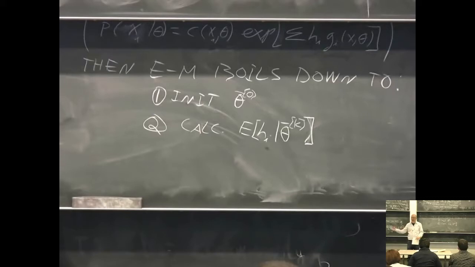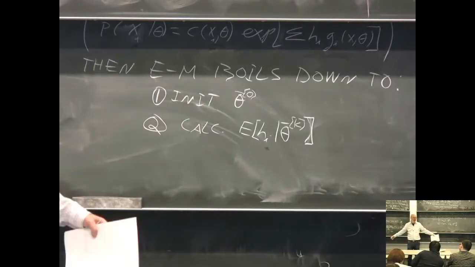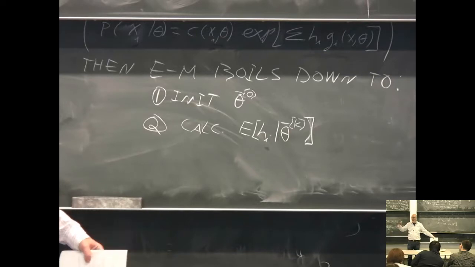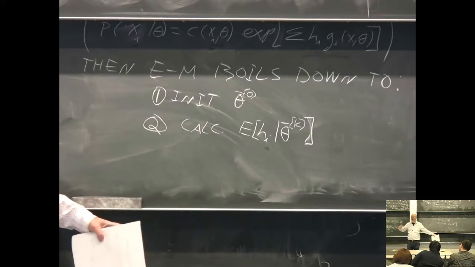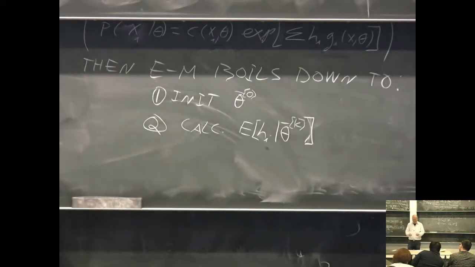So this corresponds, in the example we did on Monday, to collecting fractions of each point. Which fraction went to the first Gaussian, which fraction went to the second Gaussian. The HI is the variable that is 1 if it went to Gaussian A and 0 if it went to Gaussian B. And the expectation of HI is the fraction of the point that we assign to Gaussian A.